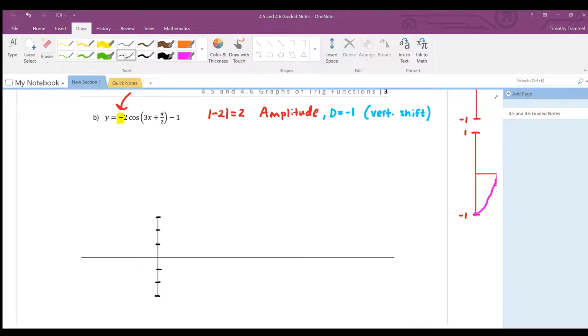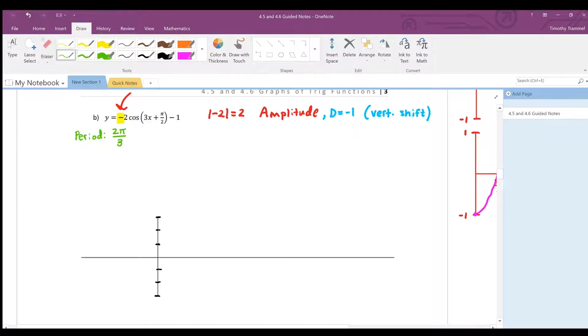Let's go and set up the x. I think we're going to need a little more information to do that, though. Let's start thinking about the period. Remember, the period is 2 pi over b. And b for us is the number in front of the x, which is 3.